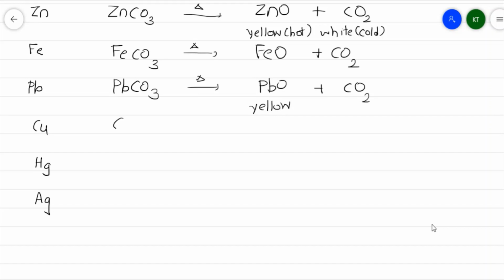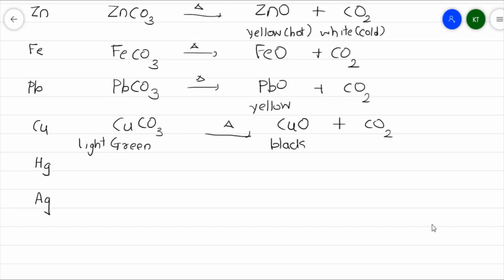I have copper carbonate, CuCO3, which is light green in color. If I heat it, it gives me CuO, copper oxide, which is black in color, plus CO2.